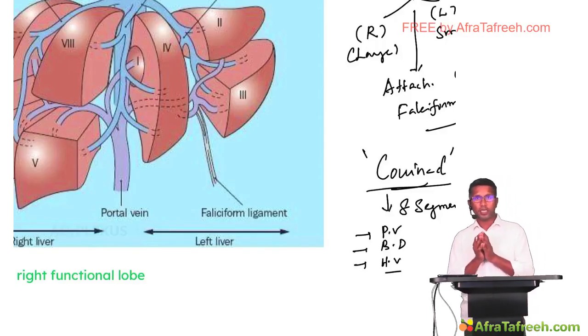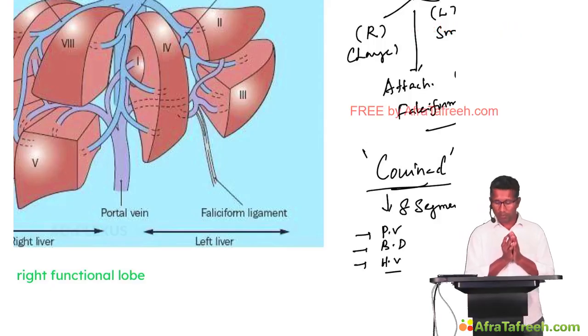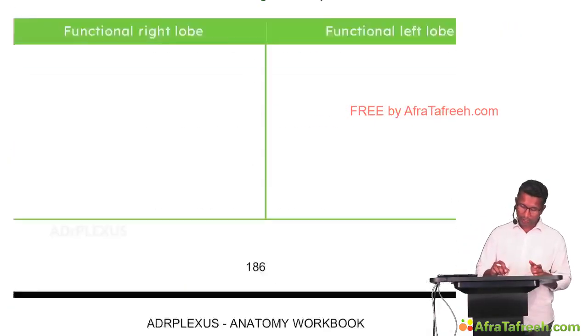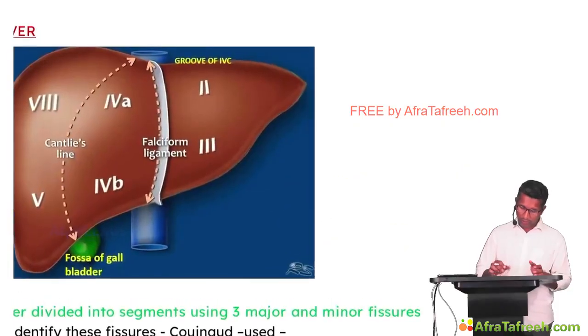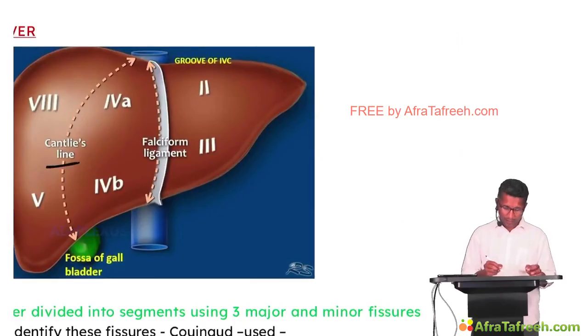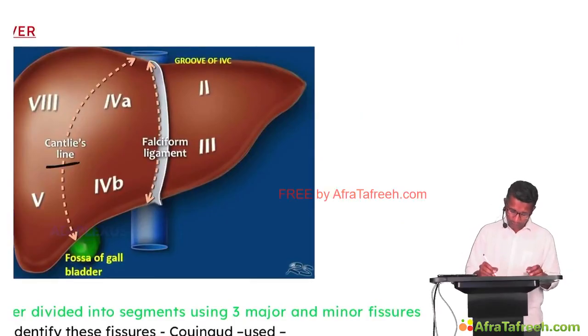For that, he used an imaginary line called Cantlie's line. So that is the line that you see here. This line is called Cantlie's line.